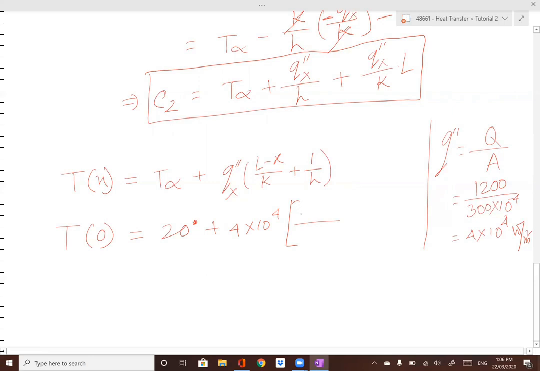Dividing by 100 converts it to meter, so 0.005 minus x.